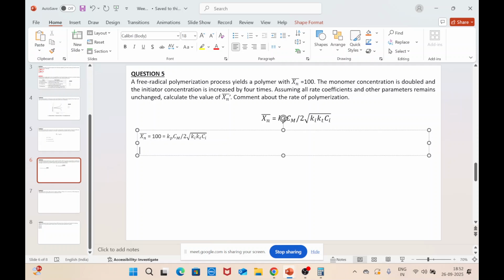Now the monomer concentration is getting doubled, so let us keep that as Cm dash, which is 2 times Cm, and your initiator concentration is going to be increased by 4 times. So Ci dash is going to be equal to 4 times Ci.